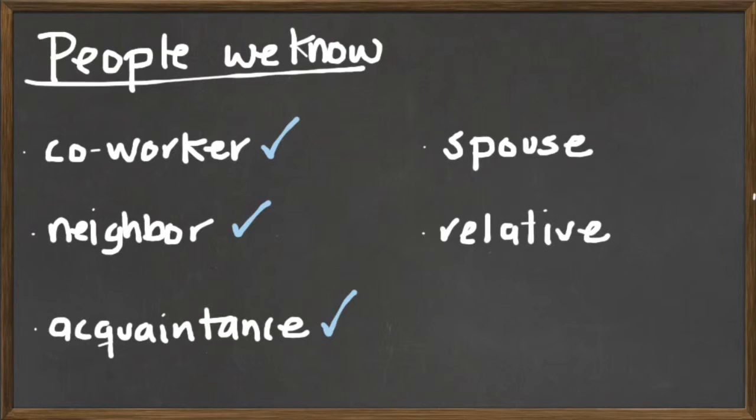The next one is one we use a lot, but we almost never remember, and that is acquaintance. Takes a little to pronounce, but an acquaintance is not your friend, but it's not somebody you don't know at all. Not a friend, not a stranger. It is a person that you know, that you probably talk to, but it hasn't reached the status of a friend.